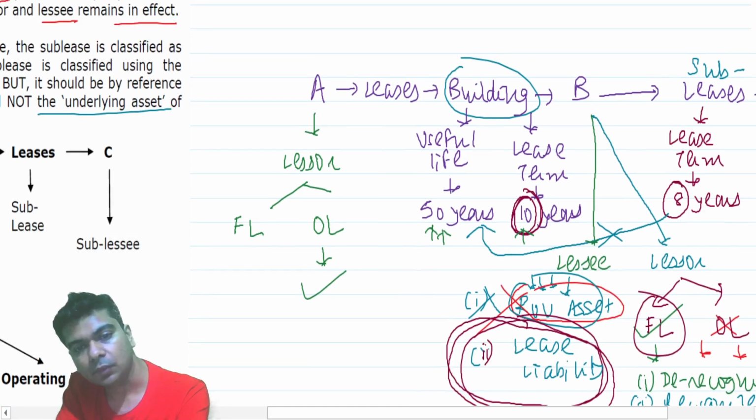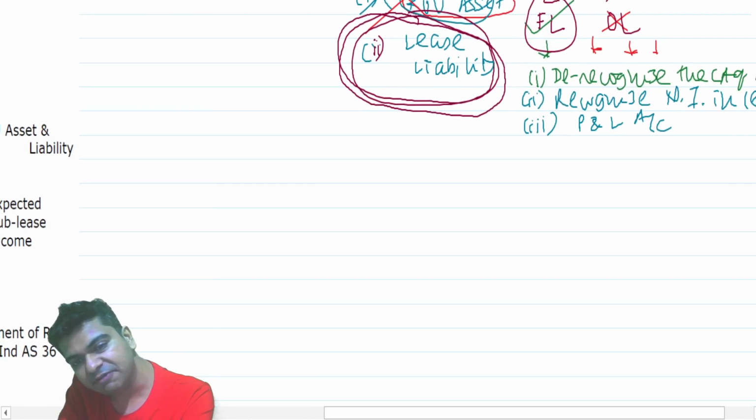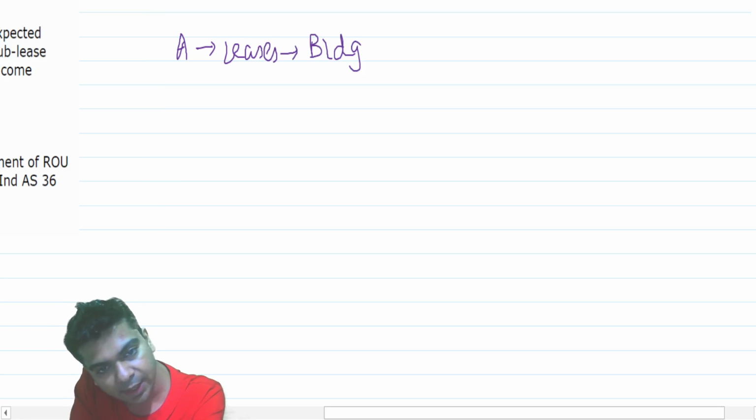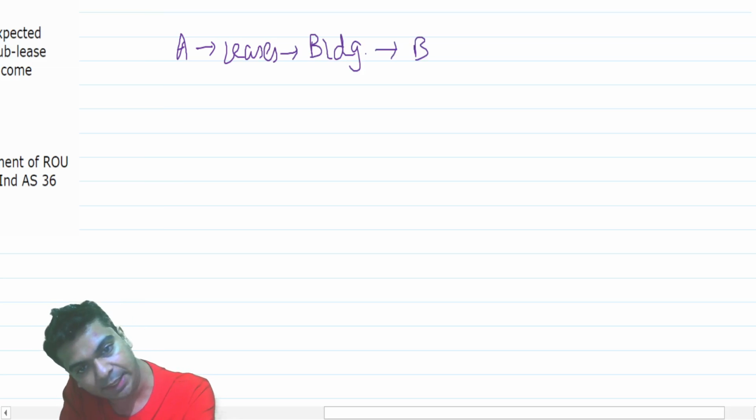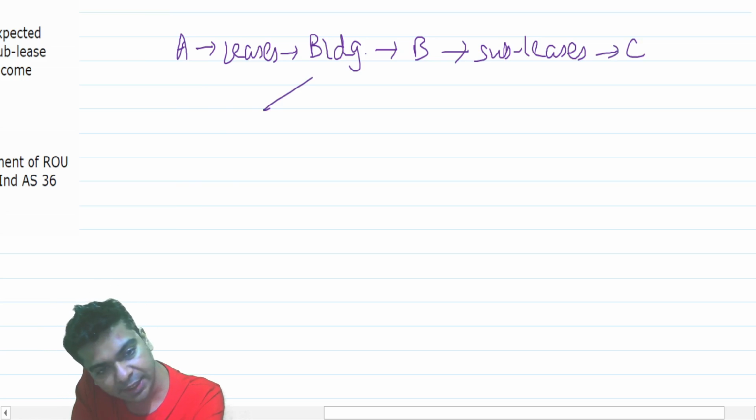Okay, so this was the base that we had built. Let's see one more very quickly now. There is party A. It leases a building to B. Then B is subleasing it to C. This building, its useful life is 50 years.